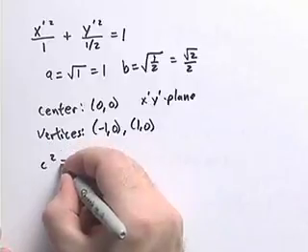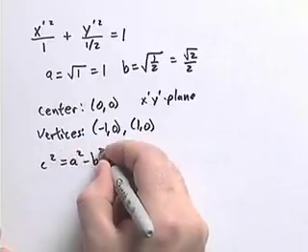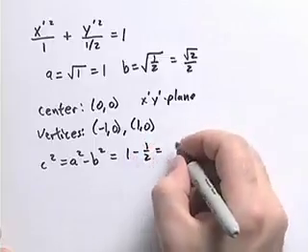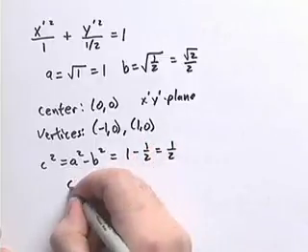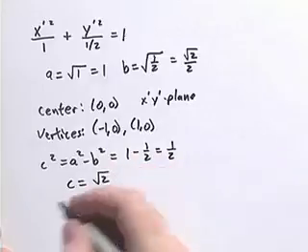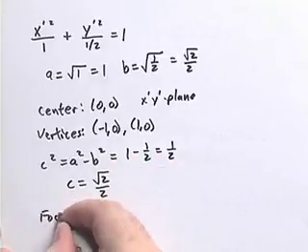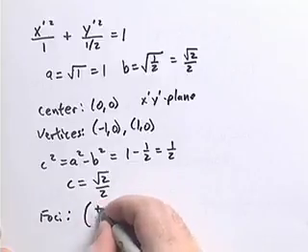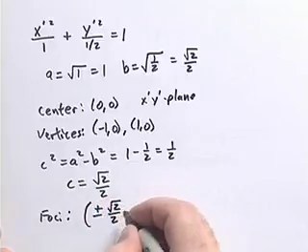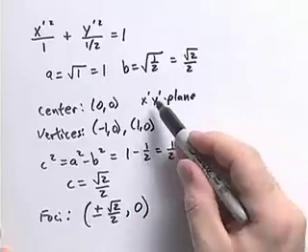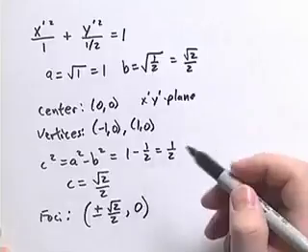You know that c squared is equal to a squared minus b squared, so that's 1 minus 1/2, which is equal to 1/2. So c is equal to the square root of 2 over 2. Therefore, our foci are located at plus or minus the square root of 2 over 2, 0, again in the x prime, y prime plane.